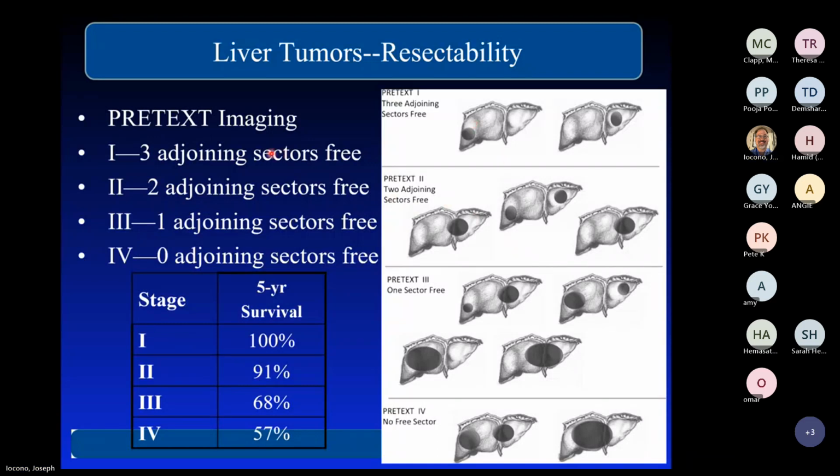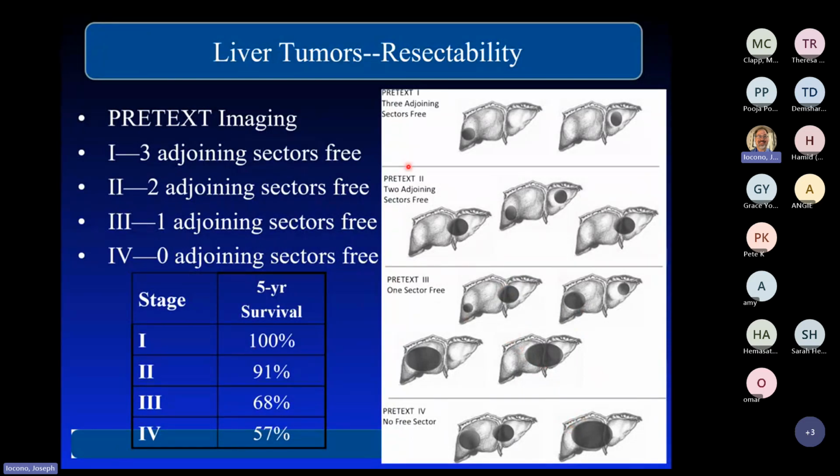So it's backwards. If you have stage 1, there's 4 sectors of the liver, 3 are clear. Stage 2, 2 are clear. So it can be one big mass invading 2 sectors, or 2 independent masses, 2 sectors. Stage 3, only 1 sector is clear. So you're going to have to do a trisegmentectomy on this one. Anyone stage 3 or higher, you're going to pre-op chemo and try and shrink to make an unresectable tumor resectable. Okay.